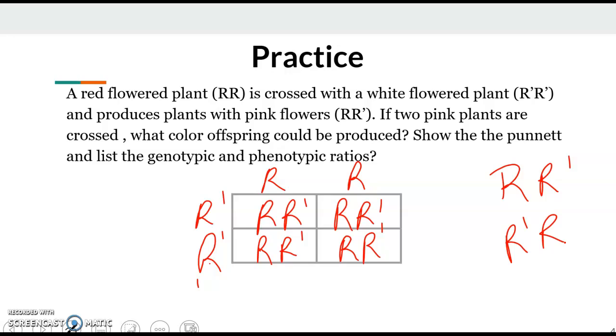All right, so you want to write it the same way all the time. So when you're done with this, you look at the genotypes, you look at the phenotypes, and you can see that all the offspring are R R prime, which means all are pink. So again, this is the genotypic, this is the phenotypic, all right?